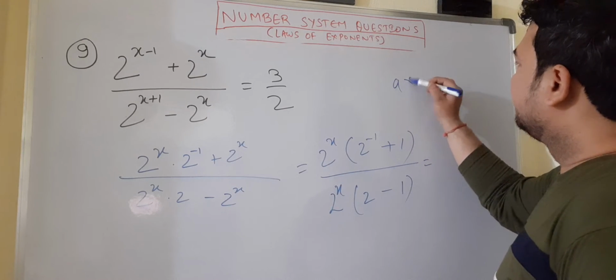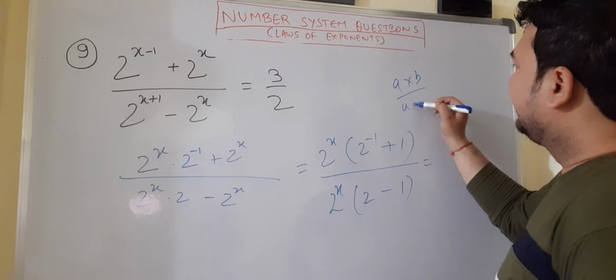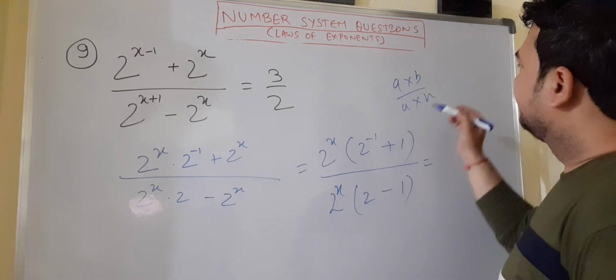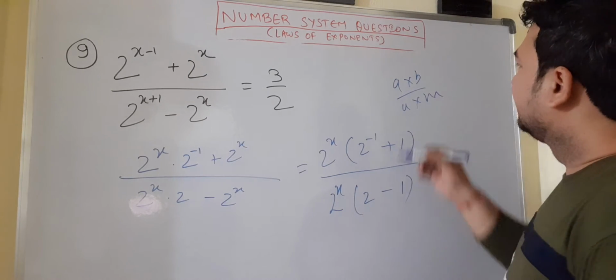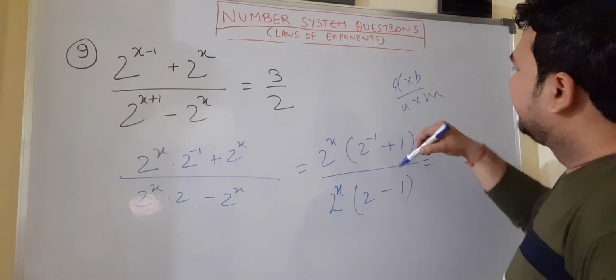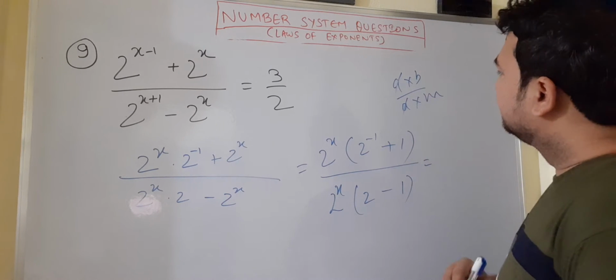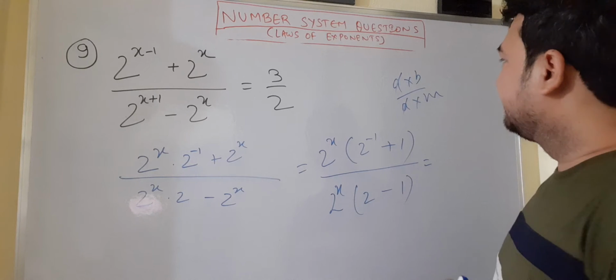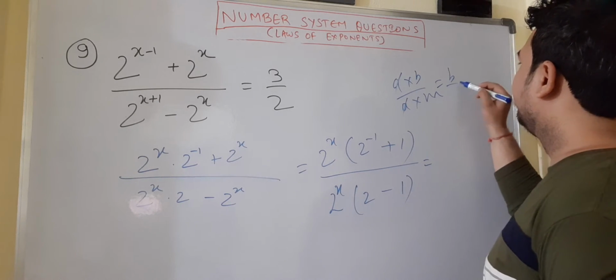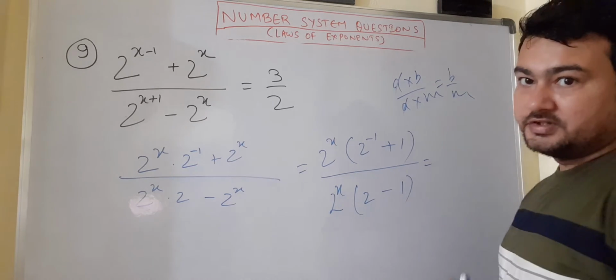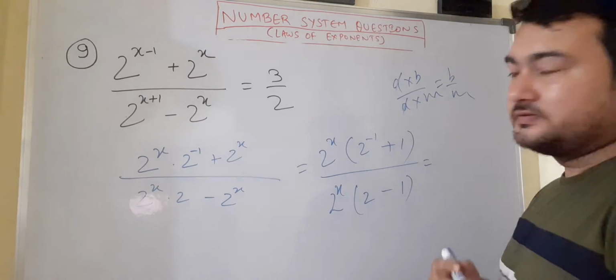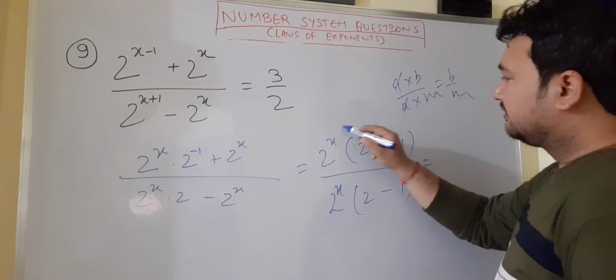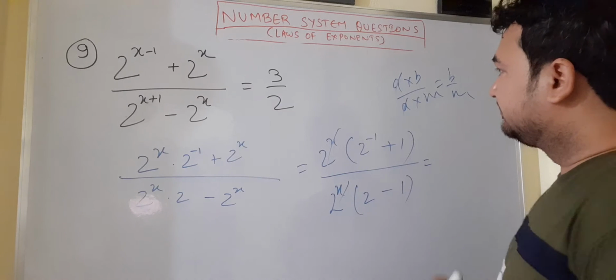We have a into b, and again we have a into m. So you find a here and a here, you can remove it or this will cancel out each other. You will be left with b by m only, isn't it? That is what happens. So here also 2 to the power x will cancel out each other.